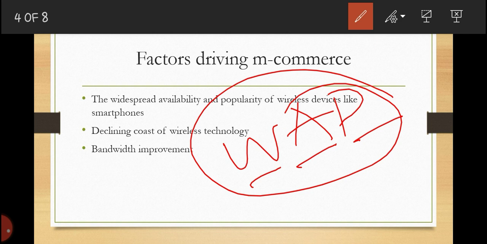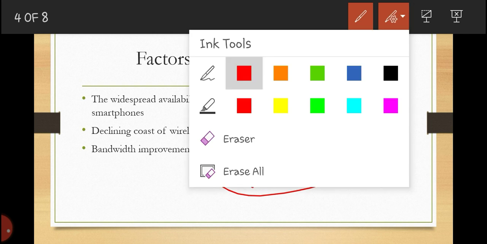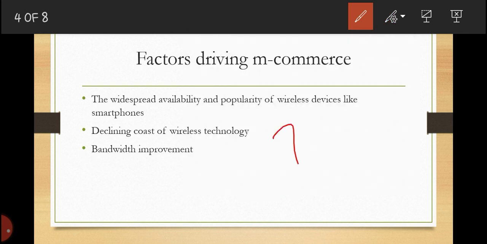Actually, m-commerce is a rapidly growing sector of electronic commerce. For example, in a country like Tanzania, about 70% of the online transactions done currently occur through the use of mobile phones.